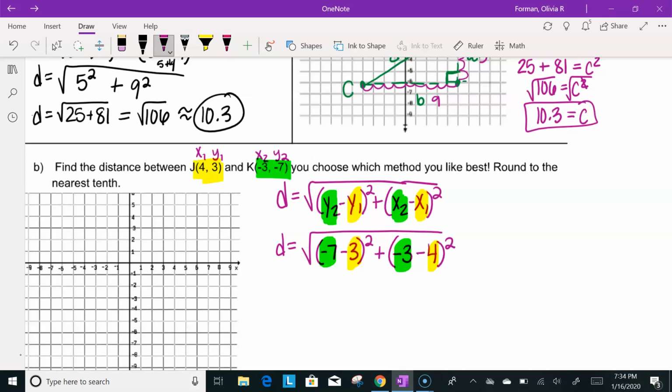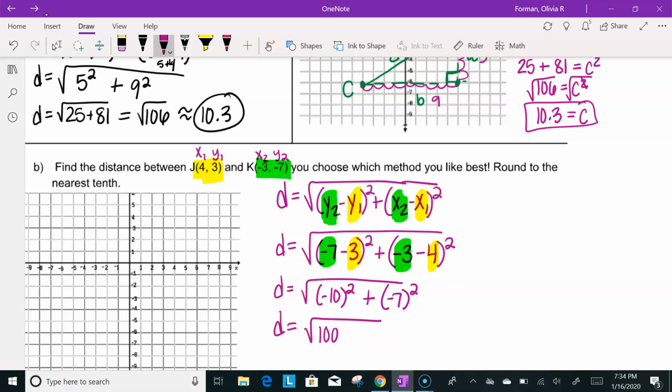Okay. So I keep simplifying. Negative 7 minus 3, that would give us a negative 10. Negative 3 minus 4 gives me a negative 7. And so I get that my distance is the square root. Negative 10 squared is a positive 100.